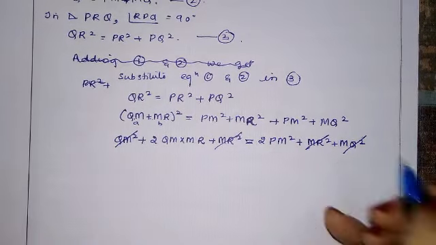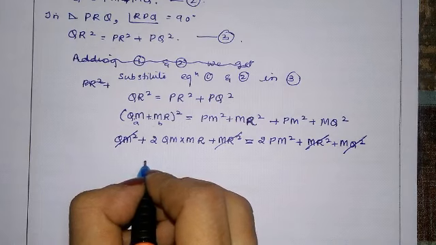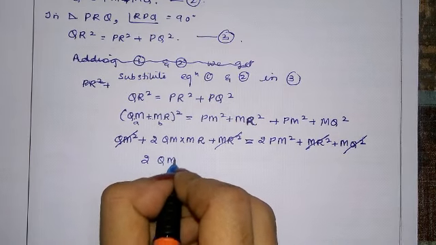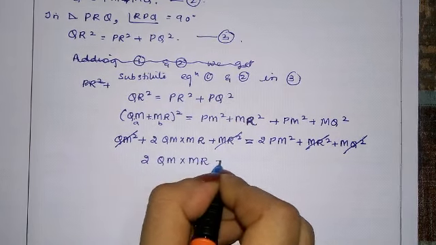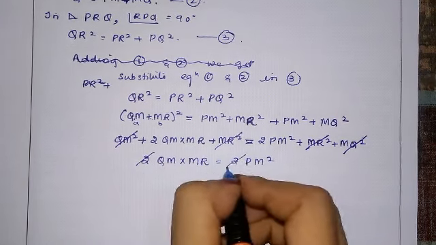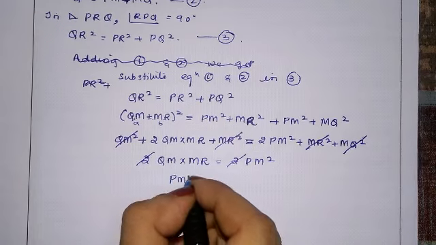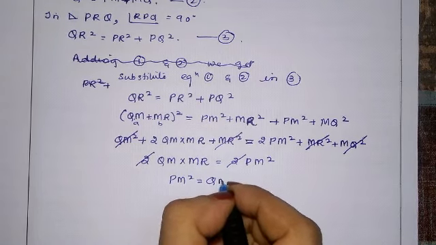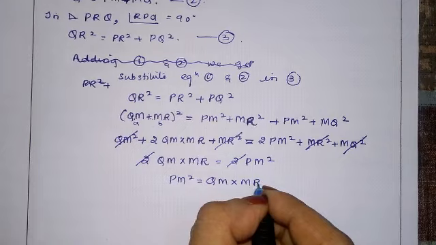QM square and QM square get cancelled. What is left? 2 QM into MR is equal to 2PM square. 2 gets cancelled. PM square is equal to QM into MR.